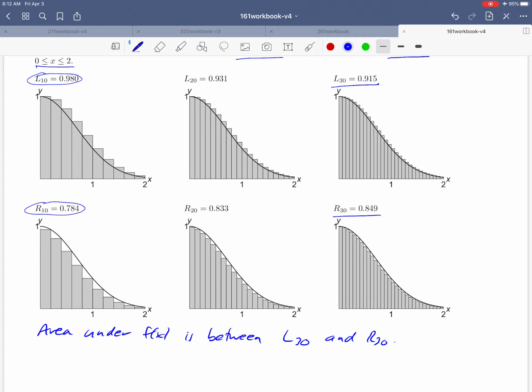And you might have also noticed that in the left sum, the rectangles stick out above the curve a little bit, so that number is going to be a little bit too big. And in the right sum, those rectangles are below the curve a little bit, so that number is a little bit too small. So if we wanted to be even more accurate, what we might do is just take an average of those two numbers.